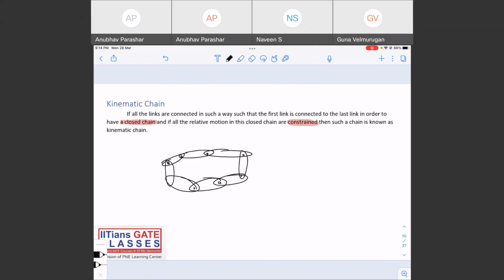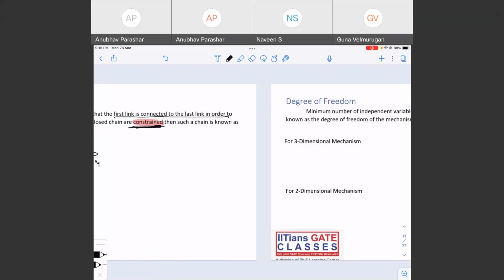Closed means the first link is connected to the last link. If all the relative motions are constrained, then this chain is known as a kinematic chain.